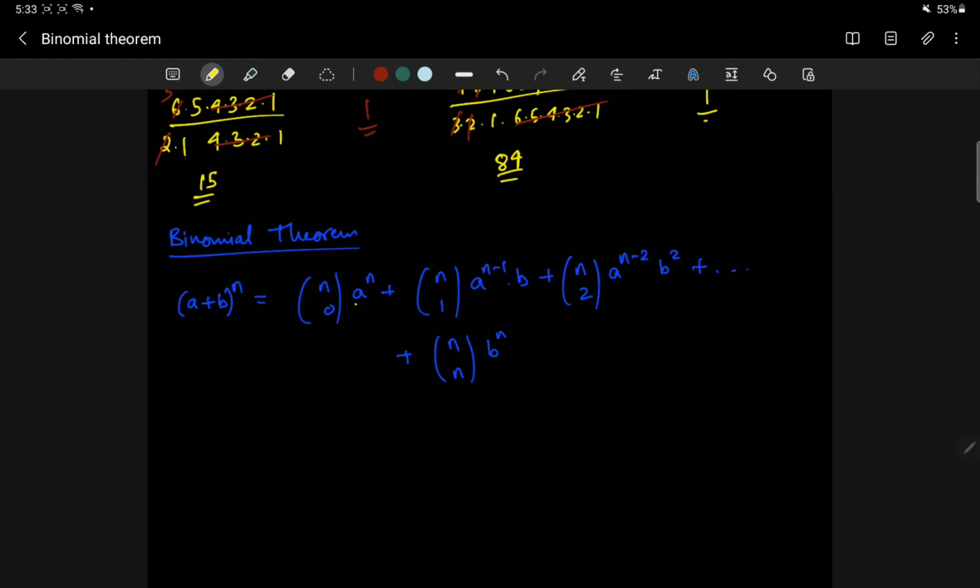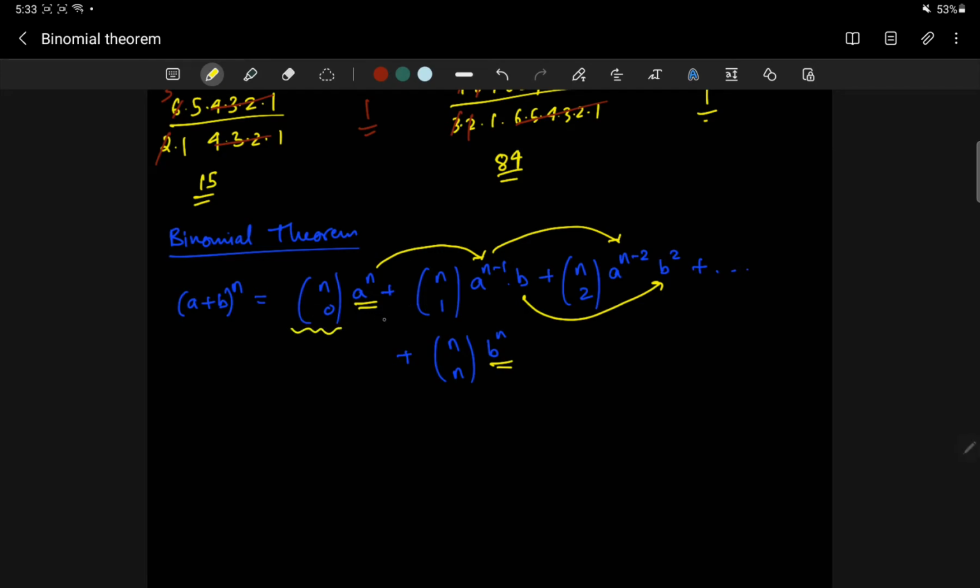We said that there's going to be an a to the power n, there's going to be a b to the power n. And between them, the powers of a or x or one of them is going to reduce, and the powers of the other one is going to increase. The last thing that was left to be figured out is the coefficient, meaning the number that comes in front. To do that, we use factorial.